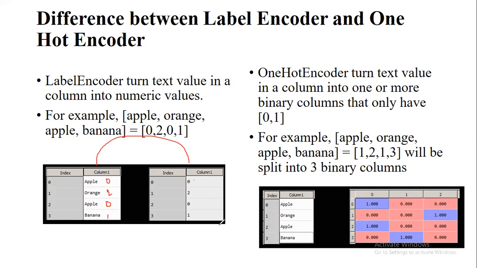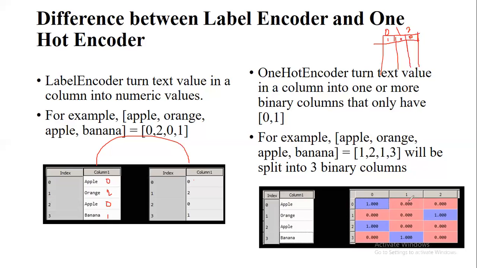One hot encoder means now, how many unique values are there? Total 3. So before the actual data, it will create 3 columns like this. Let's assume 0, 1, 2. In the first row, what is the value? Apple. Apple is 0, so it will give 1 here, and the remaining 2 are 0.